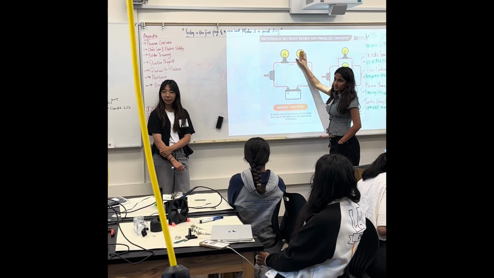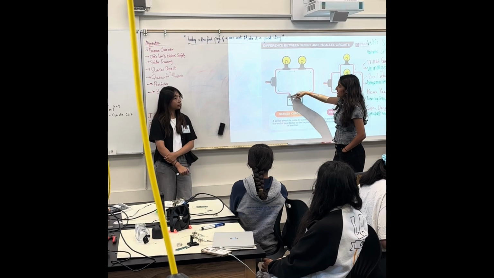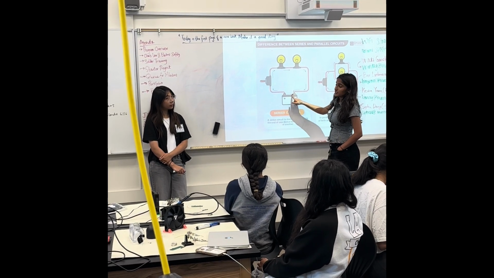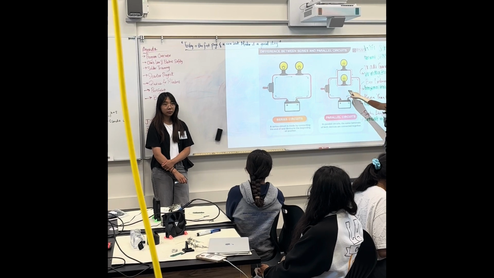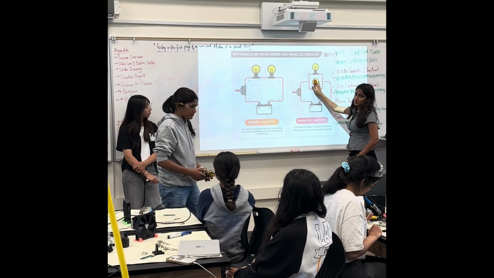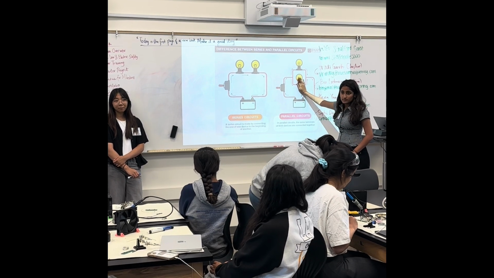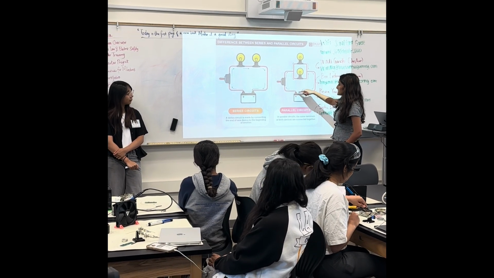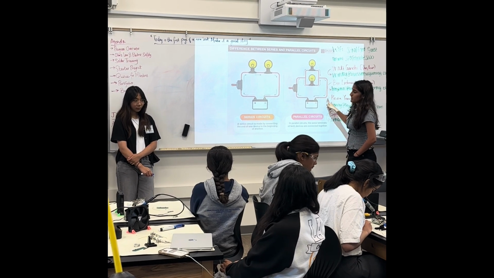Off. Exactly. Because this circuit gets broken, the circuit doesn't get completed. So there's nothing going through this light bulb. But in this one, what happens if this light bulb goes off? Is this one still going to be on? Yes, right? Because this current still has a path on the top, so it's still going to be a completed circuit.